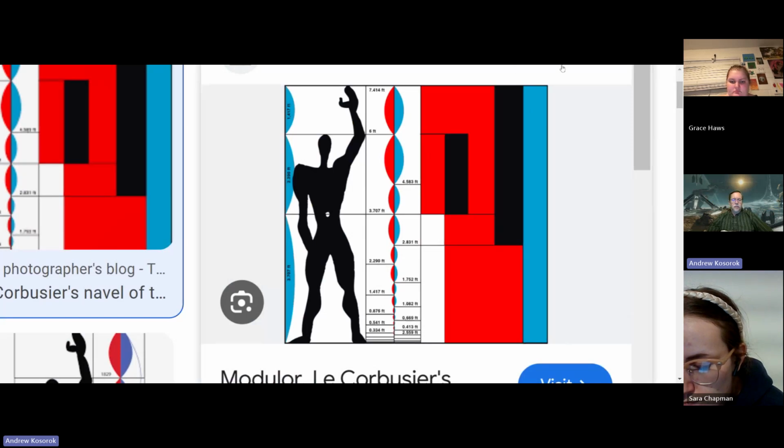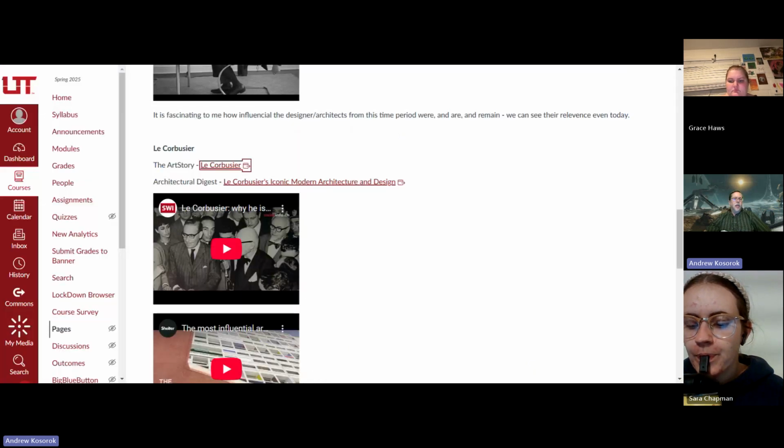The Nautilus shell demonstrates this proportion. But Le Corbusier did this specifically, designing it to follow along with what Vitruvius was saying, so that every aspect of the constructed environment was directly relative to the human form.